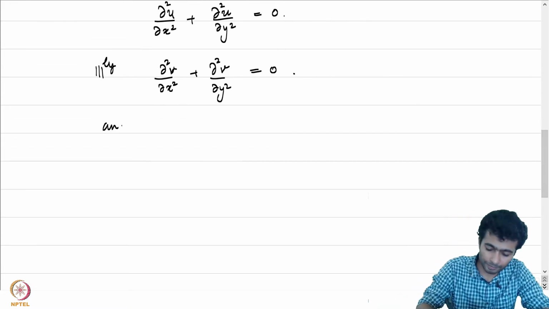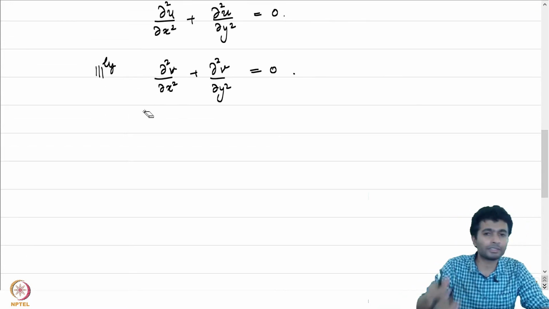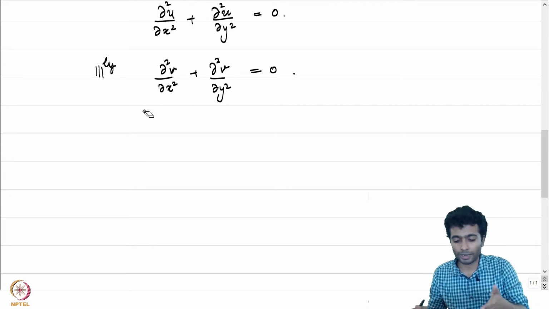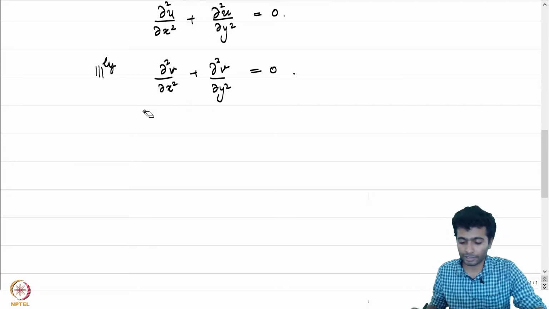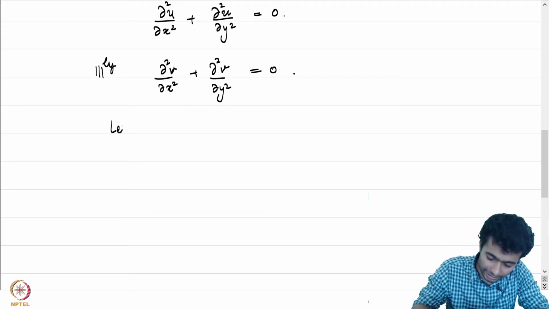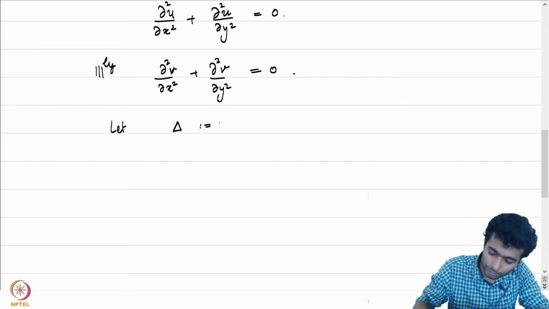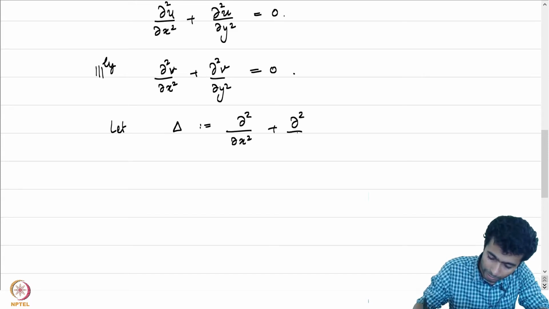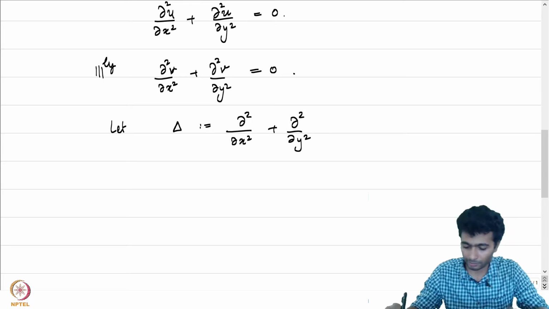And hence, let's give this operator ∂²/∂x² plus ∂²/∂y² some name. So let Delta be defined to be the operator ∂²/∂x² plus ∂²/∂y².